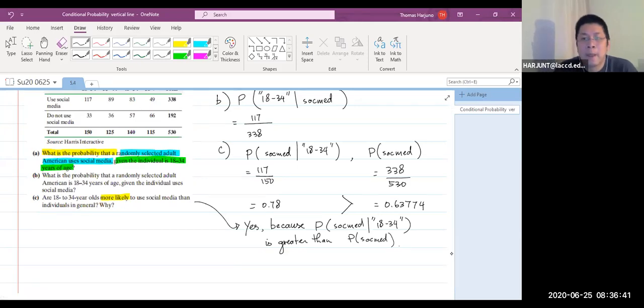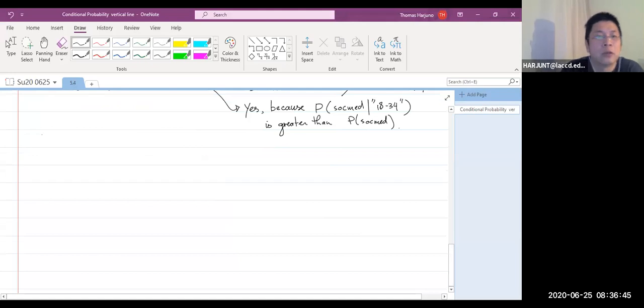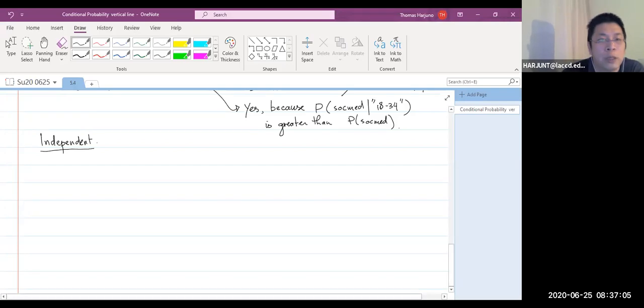Okay, now actually at this point I want to go back a little bit to the idea of independence. Our textbook talks about independency in 5.3, and they actually gave one rule for two events to be independent.